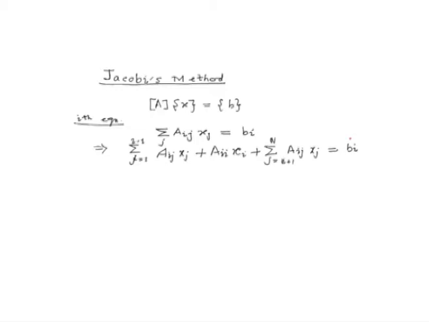Let us transfer the terms which do not involve x_i to the right hand side. So you get a_ii x_i equal to b_i minus sigma. These two summations we can combine and write in a shorthand form, j = 1 to n with the condition j not equal to i.